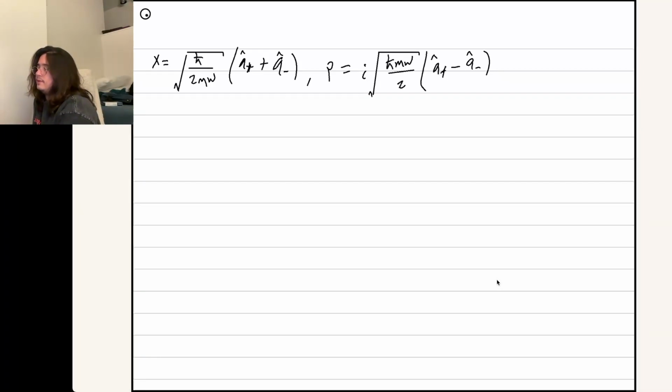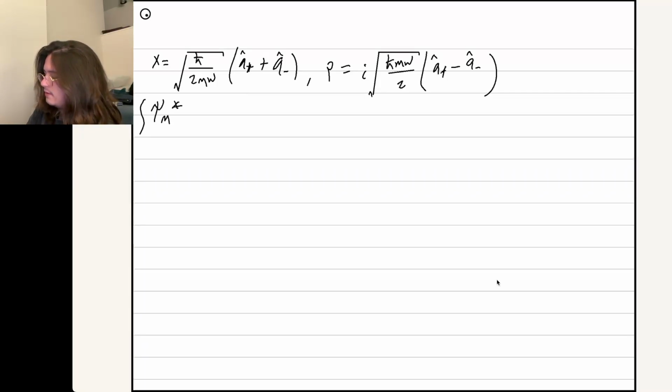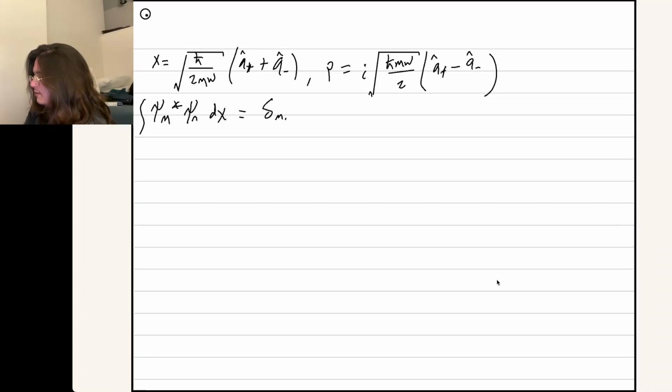And to do this, we're going to be making use of a couple of different rules. Those being that all of the wave functions are orthogonal to each other. So if you take the integral over all space of any one wave function with any other wave function, you'll get a Kronecker delta mn.